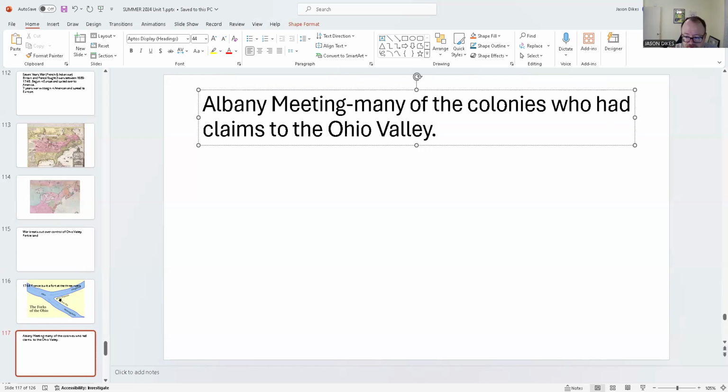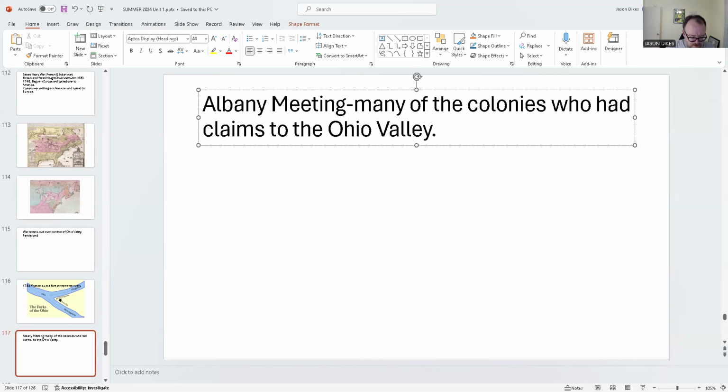So Pennsylvania, Virginia, some people from New York. Not all the colonies, but a bunch of the colonies. And I don't have an exact number, but a lot.